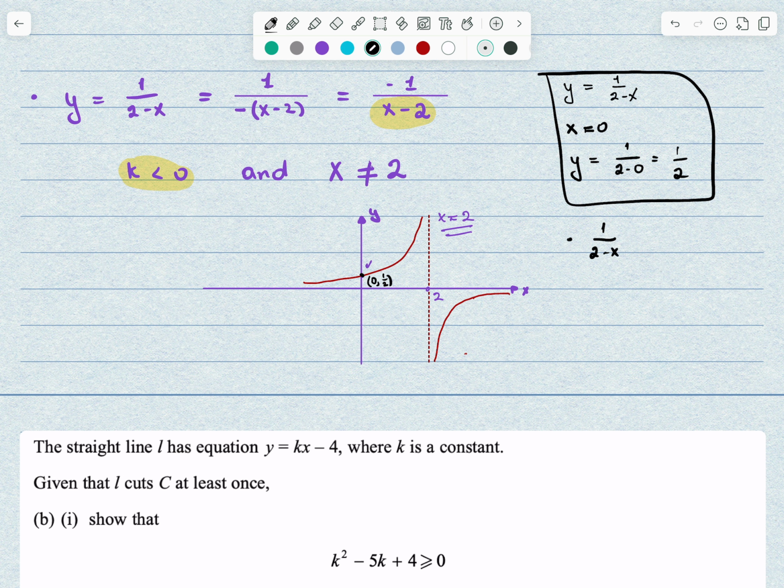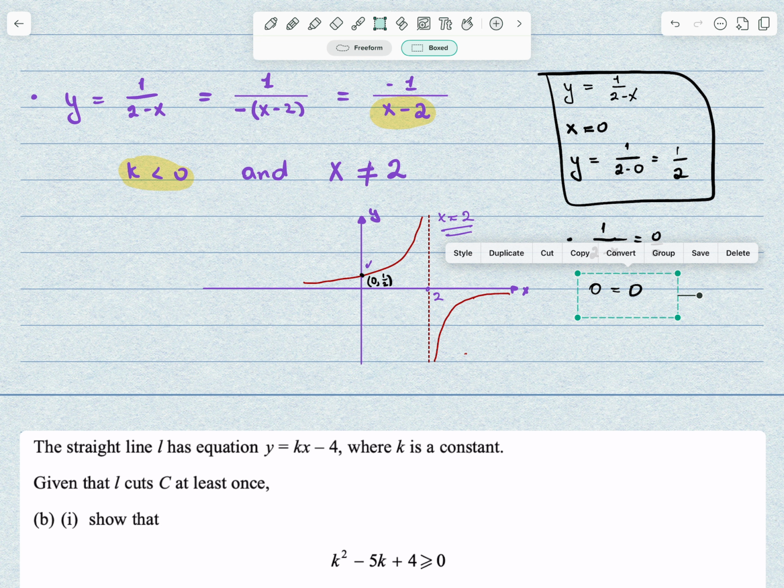So 1 divided by 2 minus x equals 0, and we can write the 0 as 0 over 1. If I cross multiply this, it's simple logic, to find the solution for the equation, it basically tells us 0 equals 1, which has nothing to do with this.